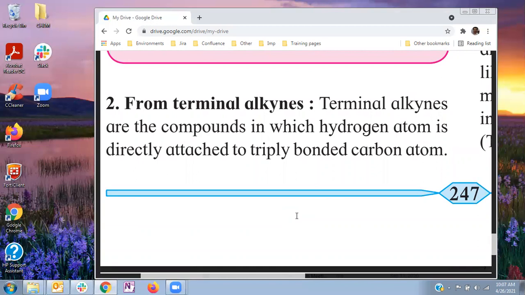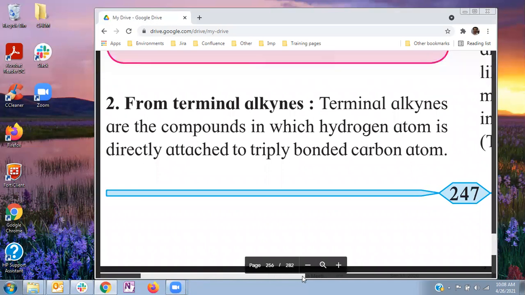The second method is from terminal alkyne. We had already studied terminal alkynes. A terminal alkyne means an alkyne containing a carbon-carbon triple bond at one end of the carbon chain. They are also called 1-alkynes. Terminal alkynes are compounds in which a hydrogen atom is directly attached to a triply bonded carbon atom.